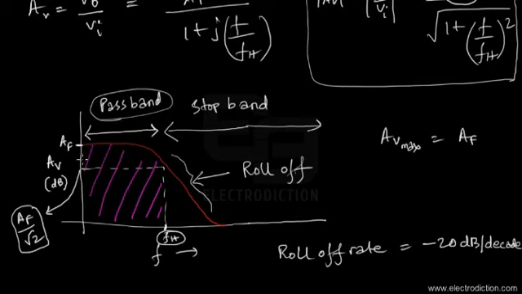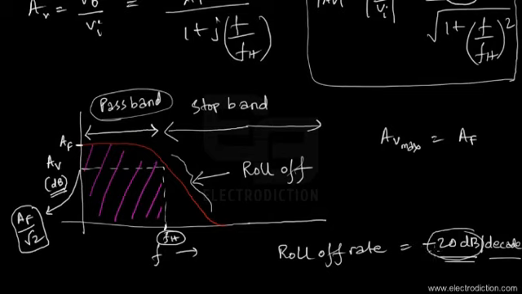As I said, if we just plot the gain of this particular filter circuit in the decibel scale, then this means that the gain of the circuit reduces by 20 decibels for every 10 times increase in frequency. So whenever the frequency increases by 10 times, the gain of this particular filter circuit rolls off or reduces by 20 decibels.